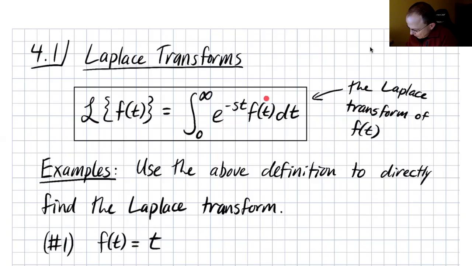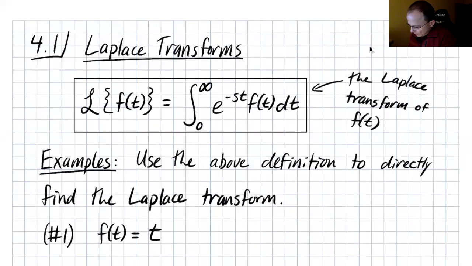So as long as f is not growing too quickly, together this function will decrease quite rapidly, and we will get something reasonable by integrating from 0 to infinity.